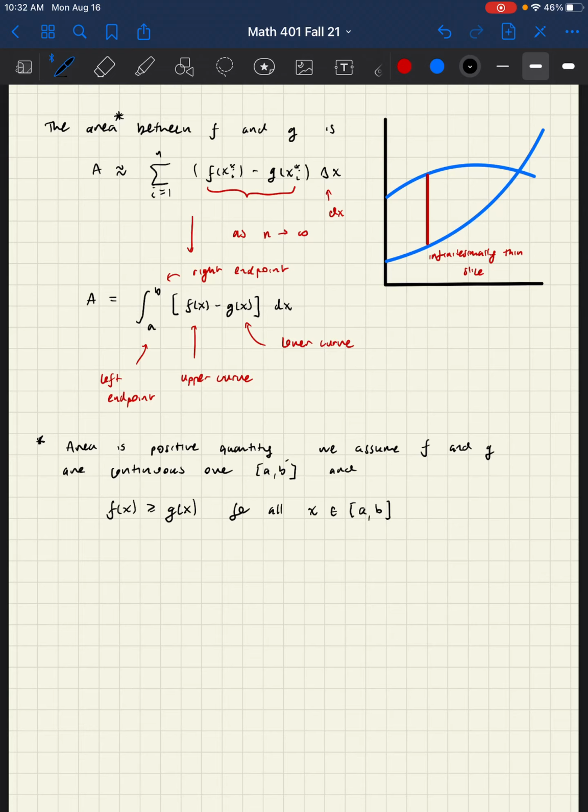But just as an example, we're going to do a quick example here.